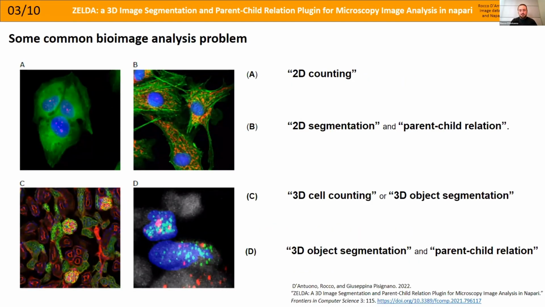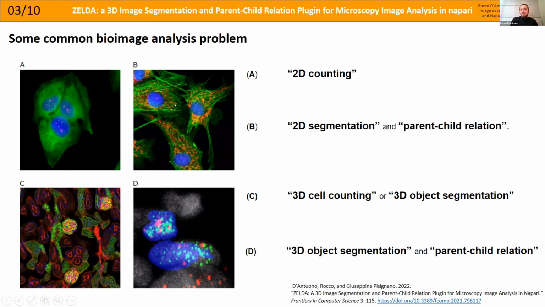I tried to look at some of the problems of bioimage analysis, and being very humble, I said, okay, these solutions are already out there. In most cases, if we have, for example, some images of cells with subcellular compartments, or vesicles, and we want to count how many of these there are for every cell, this is a problem of 2D counting or 2D segmentation.